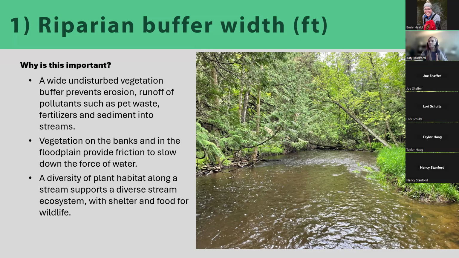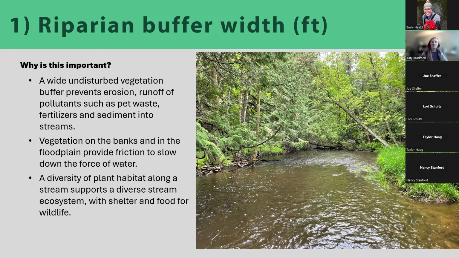So this is important because having a wide, undisturbed vegetation buffer is going to help prevent erosion, surface water runoff of pollutants like fertilizers, pet waste, sediment, into our stream. So that vegetation soaks up those pollutants and collects that soil and allows water to soak into the ground.